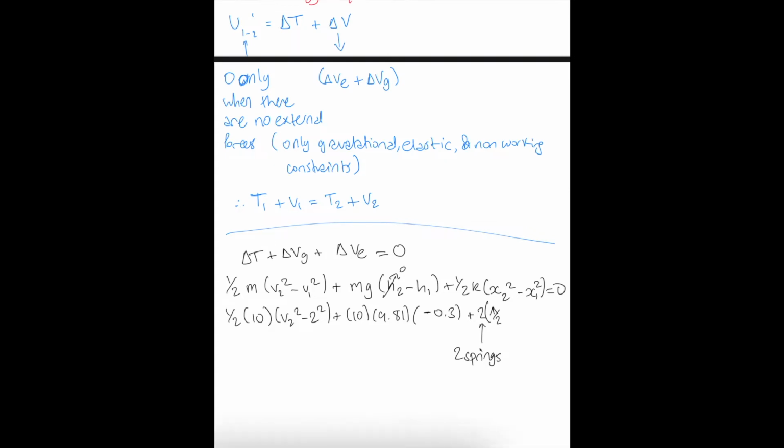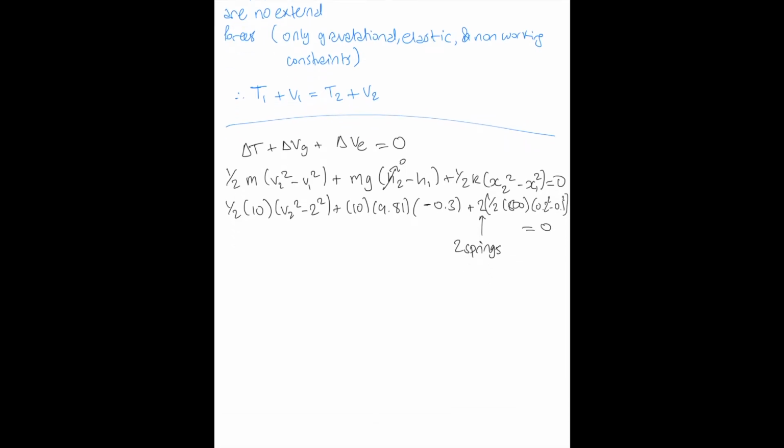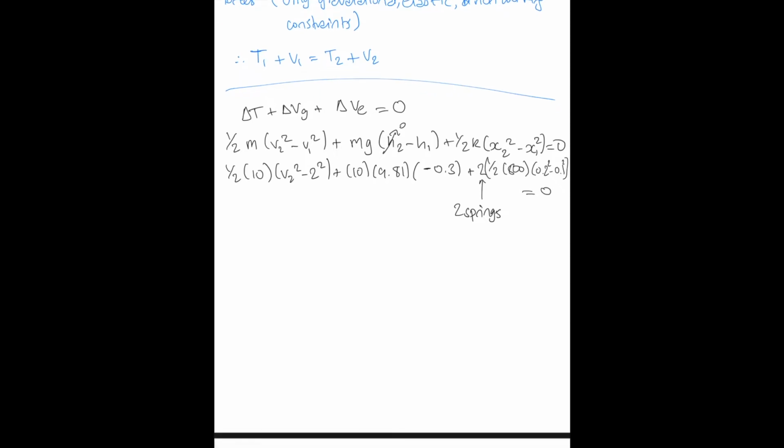This is just for the elastic potential energy. And that's going to finally give us V2 is equal to 2.26 meters per second.